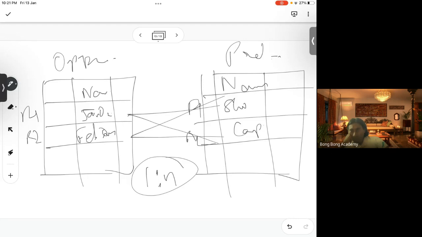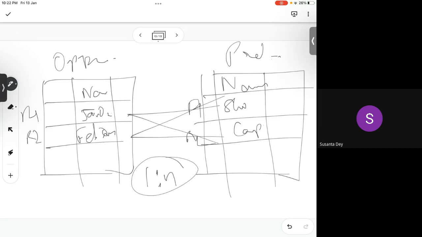But what is a many to many relationship? So definitely from opportunity to product, it is a one to many relationship. There is no doubt about it. But how do I know that the relationship is many to many? What is the definition? We discussed this earlier. Yeah, go ahead, Sushant. Yes, sir. One order has, sorry, order and product, right?